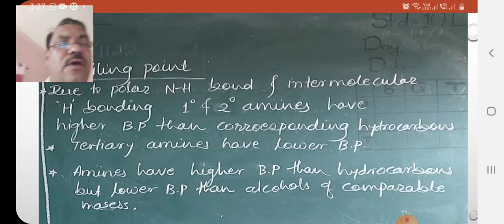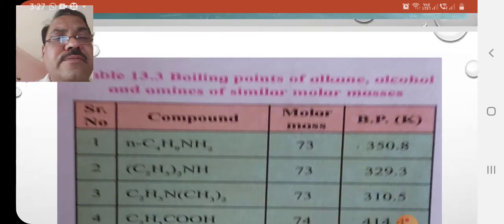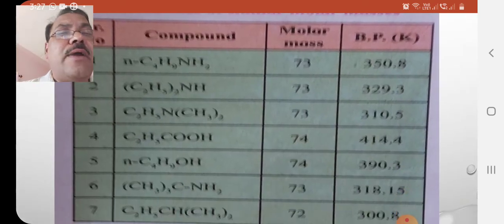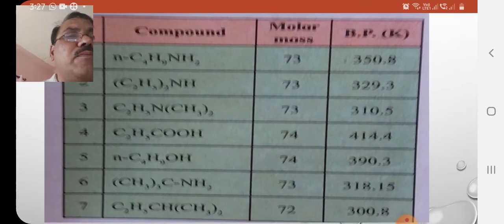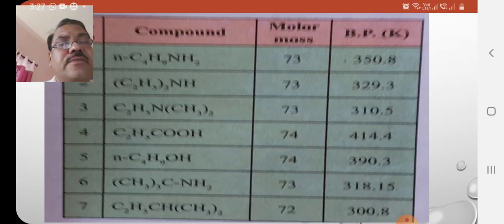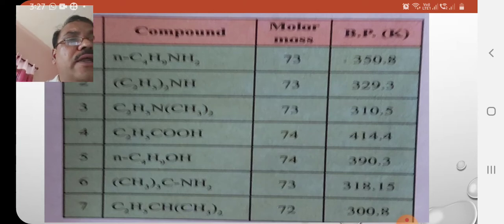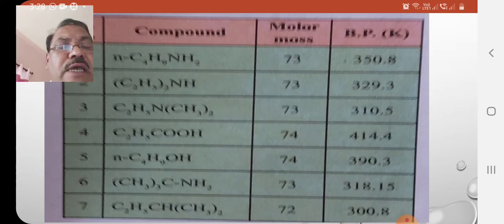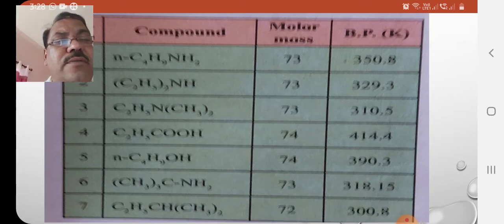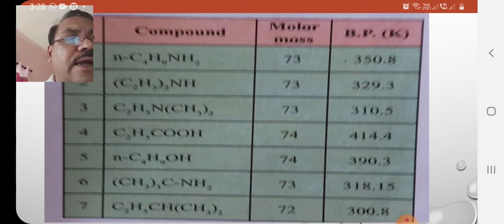You can see in the following table, the primary amine has a boiling point of 350.8 Kelvin, the secondary amine 329.3, and the tertiary amine 310. The carboxylic acid of the same molecular mass has 414, and the alcohol has 390.